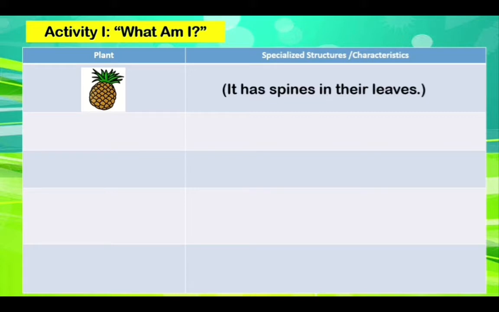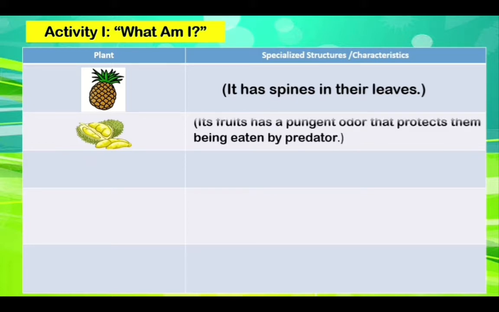Yes, you're correct. Next, we have durian plant. What specialized structures or characteristics does durian have? Its fruits have a pungent odor that protects them from being eaten by predators. Okay, you're correct.